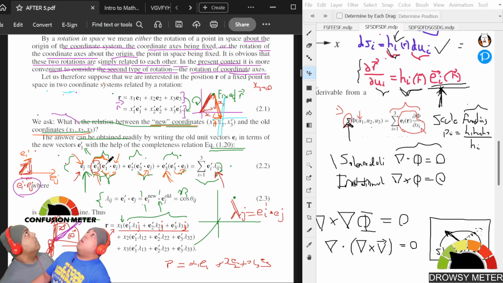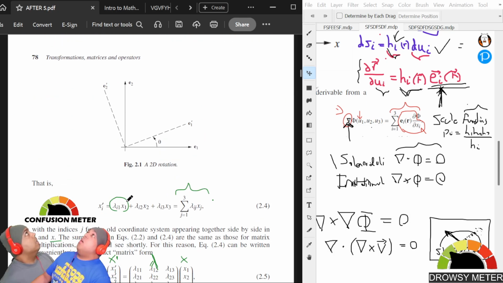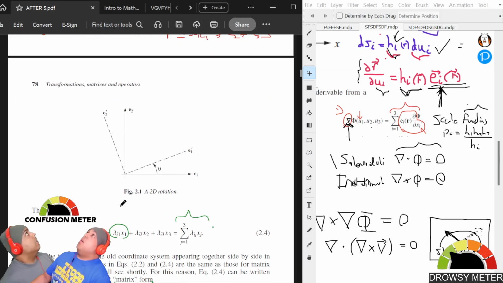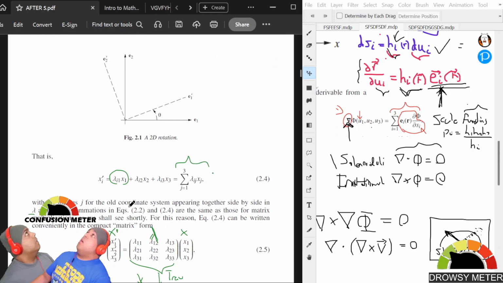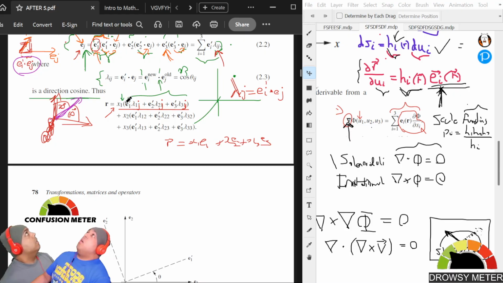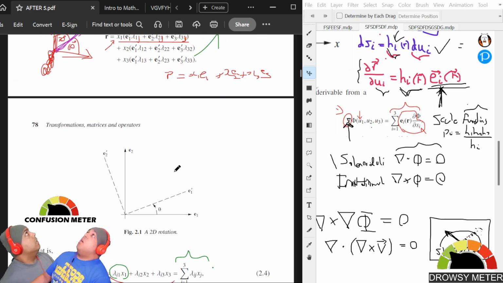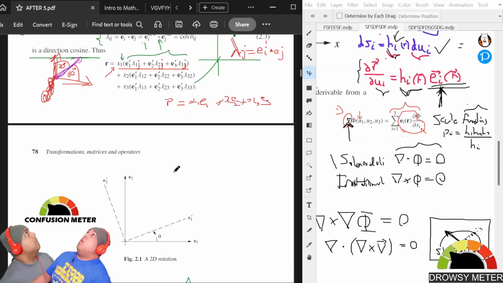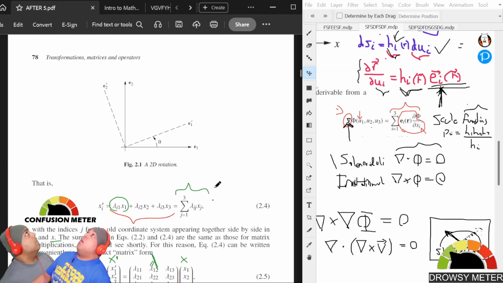And EJ is just made up of these guys. Xi prime equals this plus this plus this. EJ equals the summations of EI prime lambda ij.